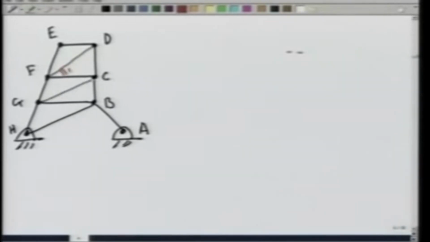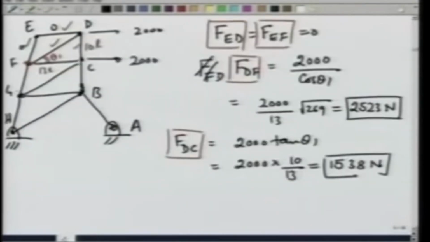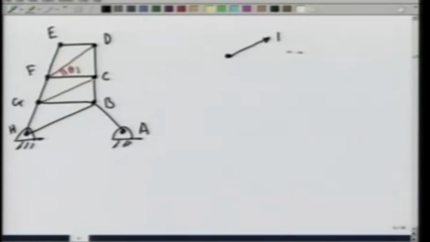This is angle theta 1. If I look at point F, it has a force EF which is 0. It has force, do I call it FD or DF? Let me see, I call it DF, F_DF acting at an angle theta 1.